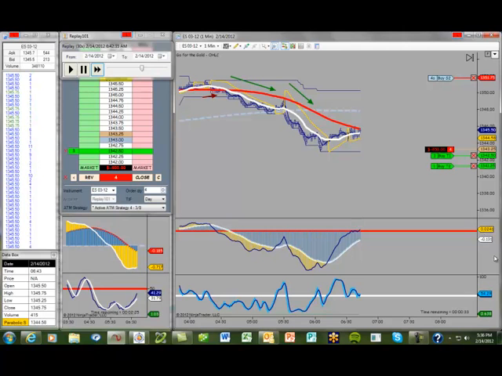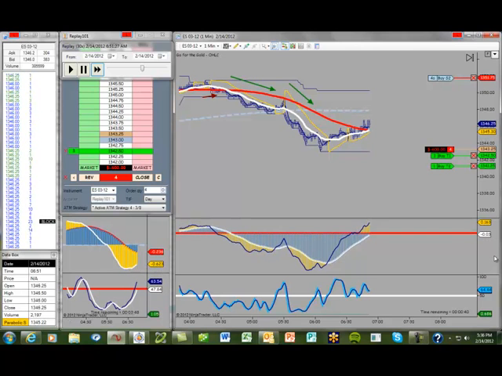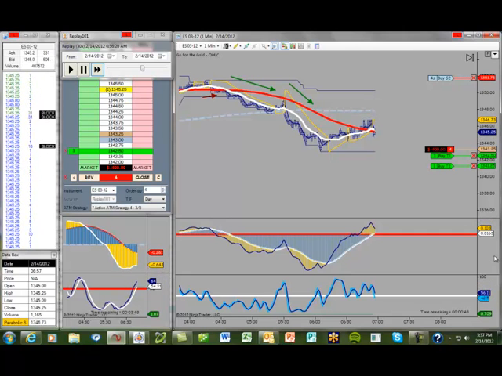As long as that white moving average is south of the red, we're a lot more bearish than we are bullish. Well, it's now north of the red, but look at the way our indicators are bending over here.